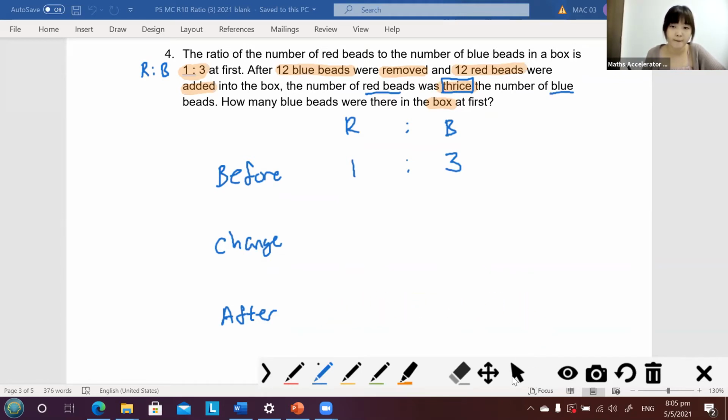What do you think? You can type it in the chat. Using the thrice, red beads was thrice. Very good, 3 to 1, that's correct. 3 to 1, because 3 times means 3 units for the red and 1 unit for the blue. Yes, correct. So what's the change? You remove 12 blue beads, so minus 12.